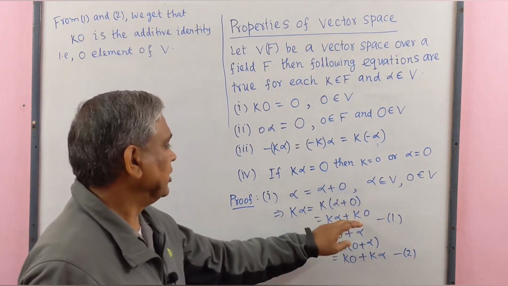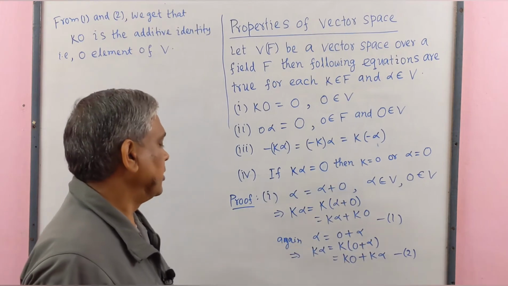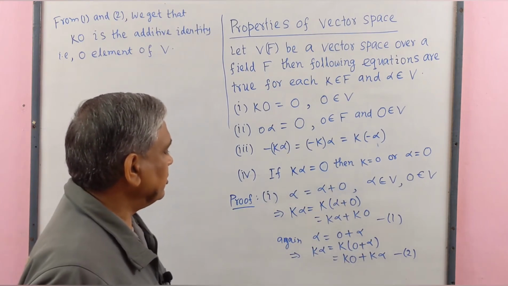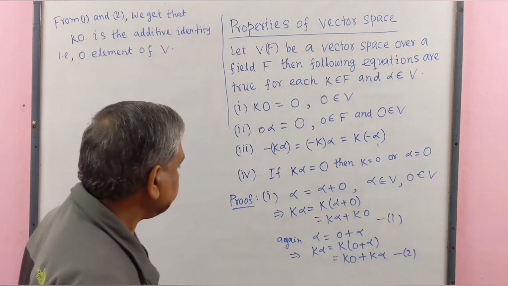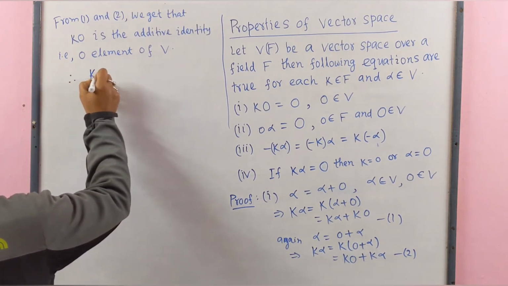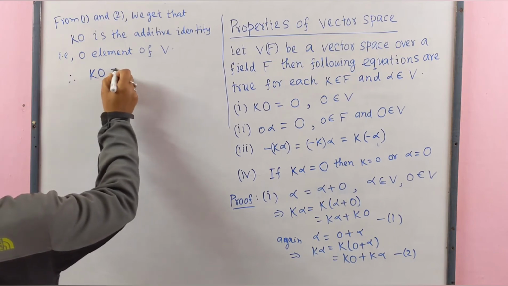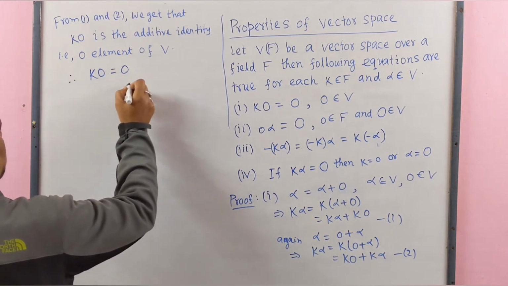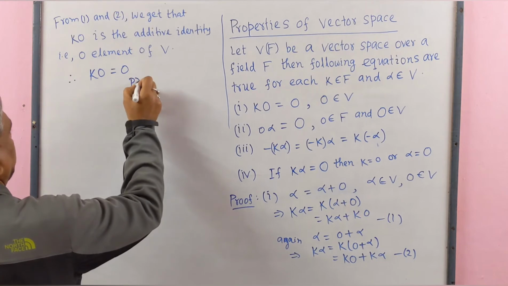That is, k0 plays as the 0 element of V. Therefore, k0 equals 0. Proved.